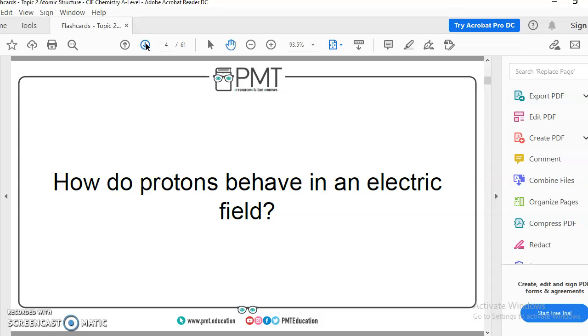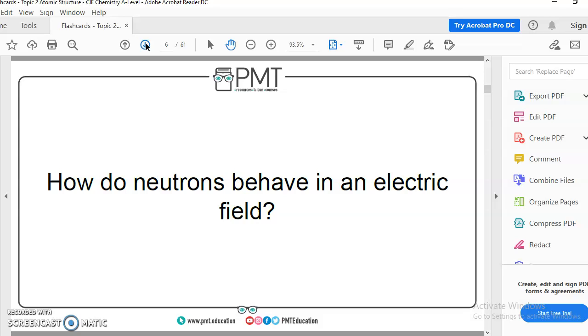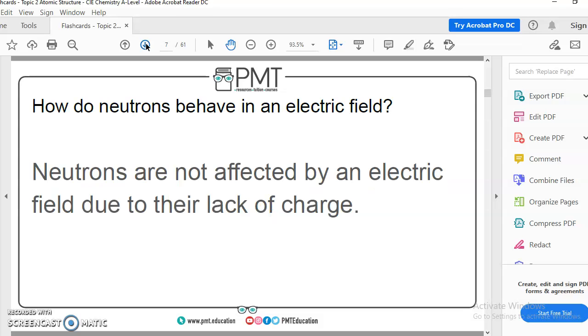Now the question is, how do protons behave when you pass them through an electric field? Protons, because they are positively charged, are definitely deflected towards the negative plate in an electric field. How will neutrons behave in an electric field? As they are neutral, they will not be affected by any electric field because they do not have any charge.